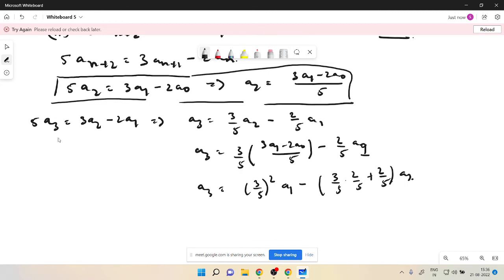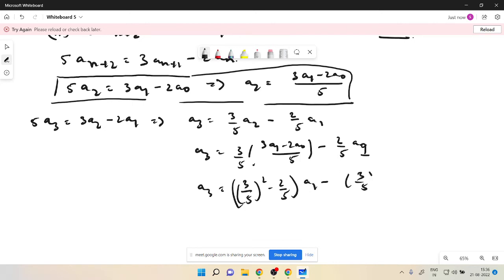So 3 by 5 whole square minus 2 by 5 a1 minus 3 by 5 into 2 by 5 times a0.